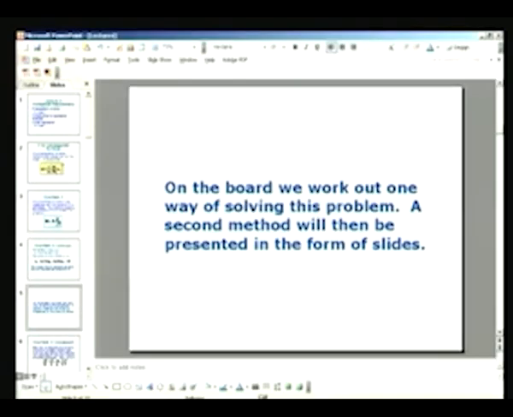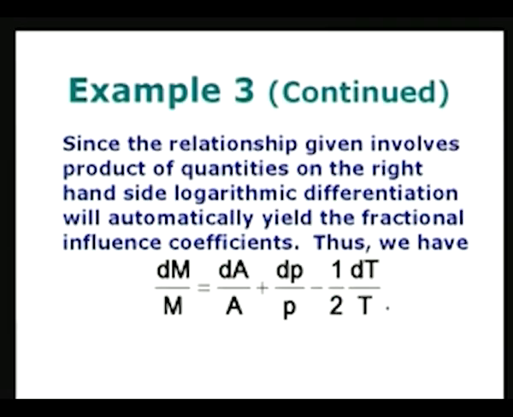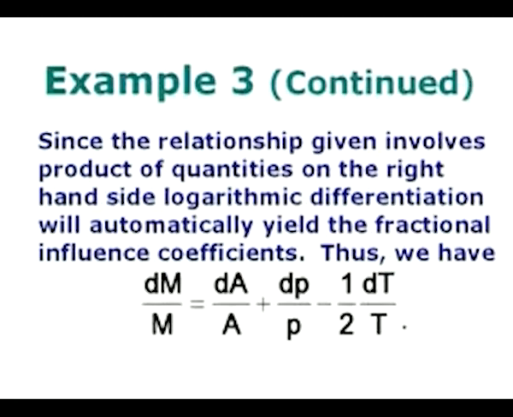presentation where we left it off. I will go to the next slide and discuss a different way of doing the same problem. Let me just explain what we are trying to do. On the board, we have indicated how to work out in detail the several steps involved in the process.